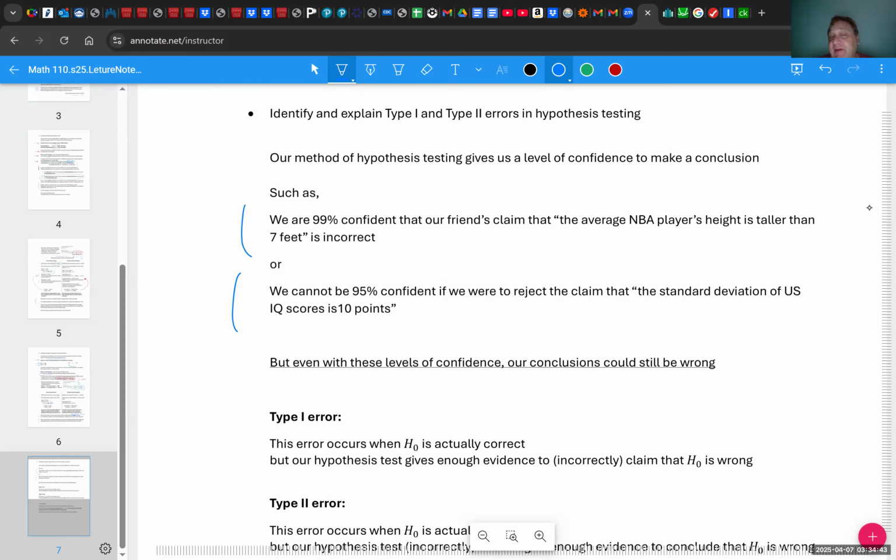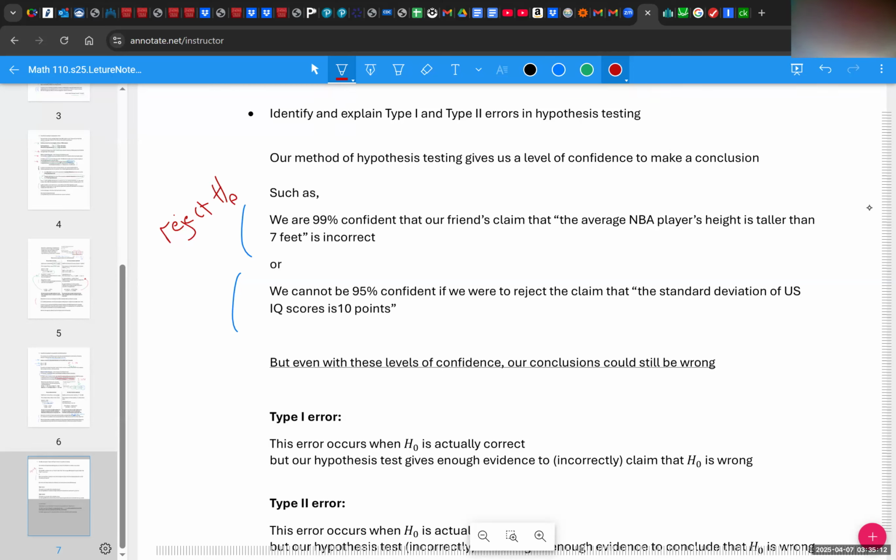We cannot be 95% confident if we were to reject the claim that the standard deviation is 10 points, right? So either we have enough evidence or we do not have enough. We are confident we have enough evidence, or we are not confident we have enough evidence. So just to make sure, whether we reject the null hypothesis or we fail to reject the null hypothesis. So this one here, by the way, was the reject the null hypothesis.